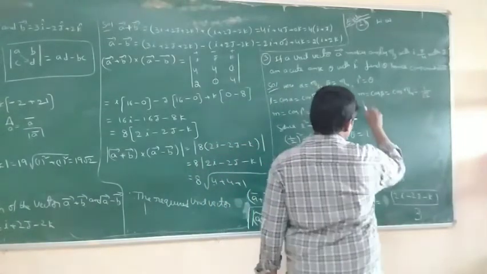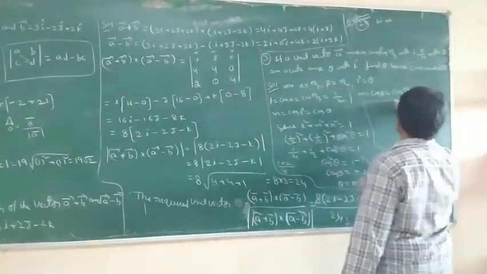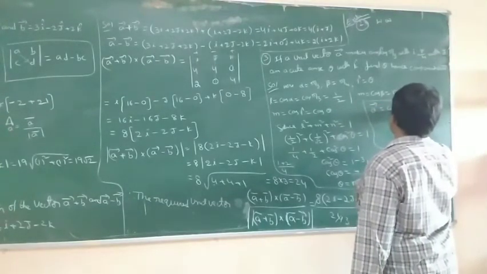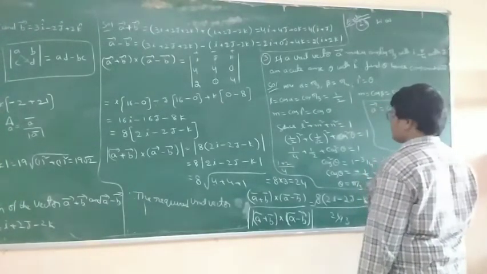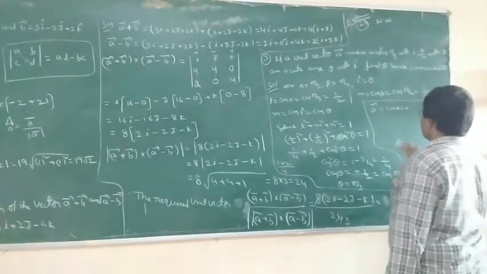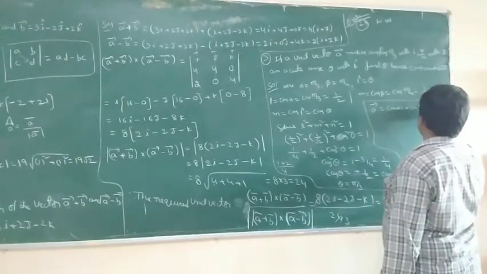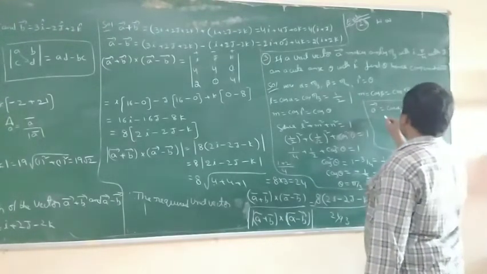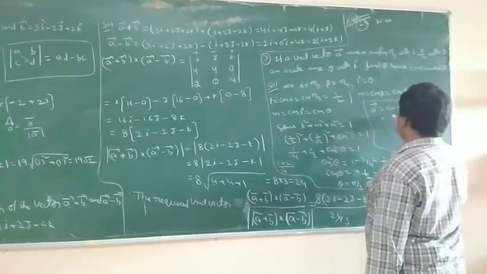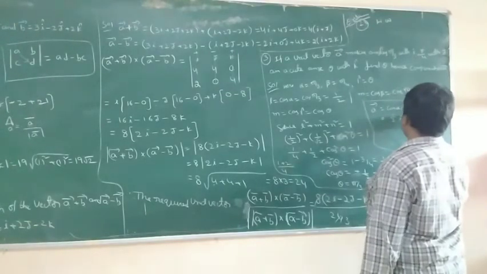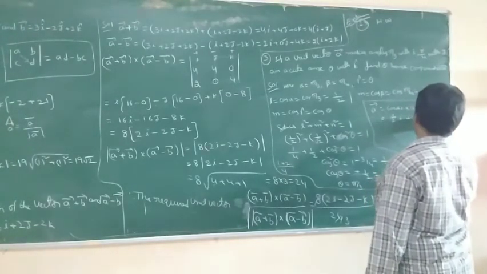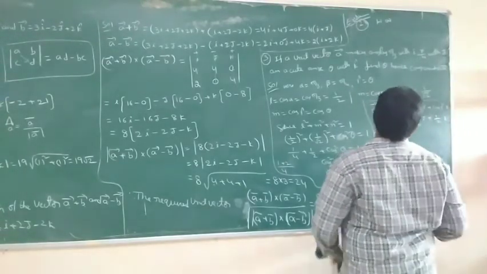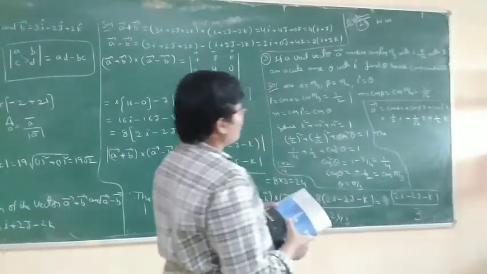So what is a bar? A bar is equal to cos alpha into i plus cos beta into j plus cos gamma into k. So a bar is equal to 1 by 2 i plus 1 by root 2 j plus 1 by 2 k. So what are the components?